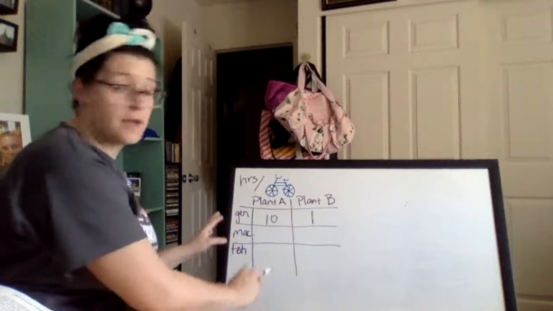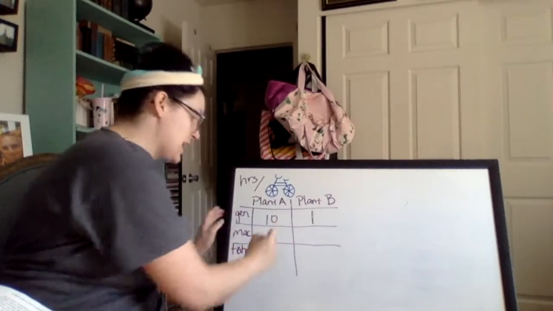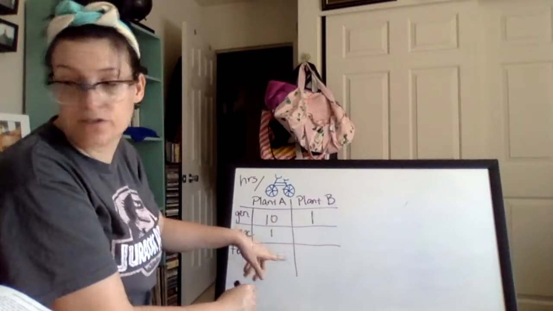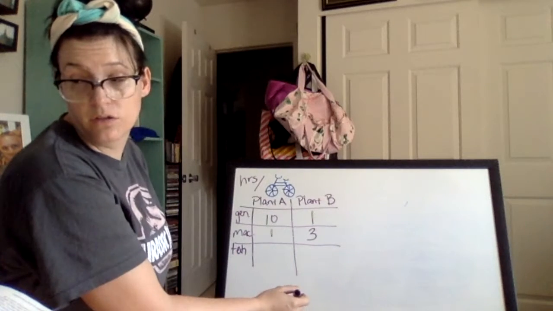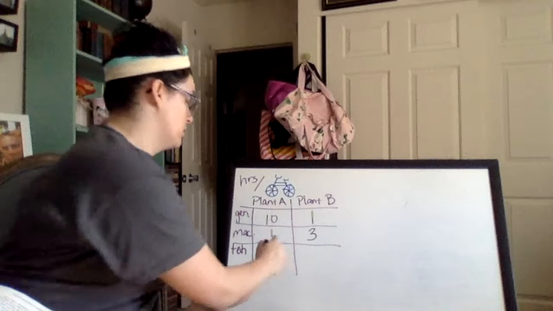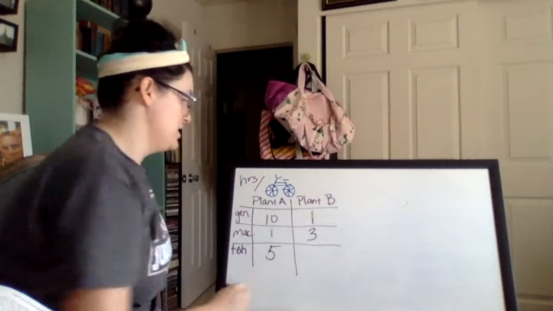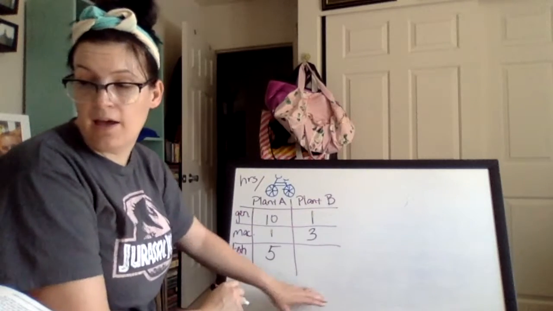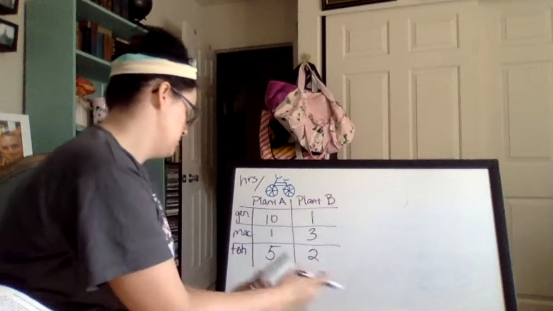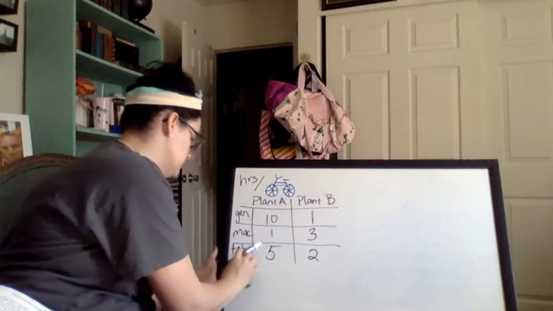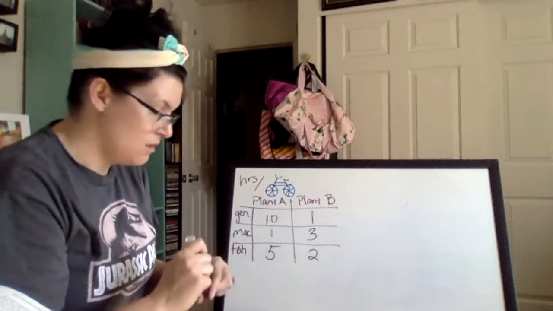For machine time, plant A uses 1 hour per bicycle, and plant B uses 3 hours per bicycle. For technical labor, plant A uses 5 hours, and plant B uses 2 hours. Okay?